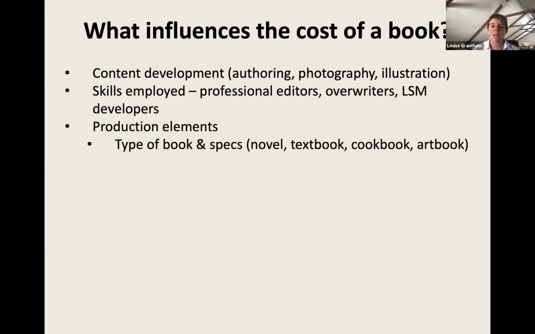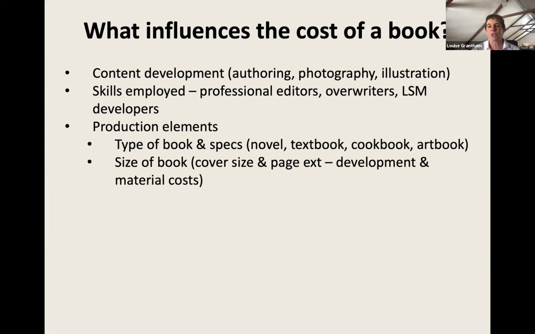And then you've got the production elements. What kind of a book is it? Is it a novel, a textbook, a cookbook? And what are the specifications? So you'll know from a visit to a bookshop that the size of the book can vary hugely. Is it paperback? Is it hardback? All of those things influence the cost.